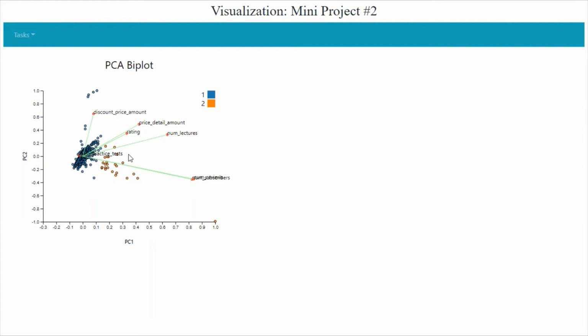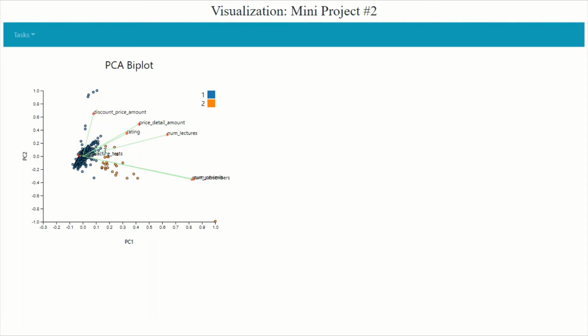Also the angle between the dimensions shows how they are correlated. Between these two there's a very small angle, so they are positively correlated. There's a 90-degree angle between discount price amount and number of subscribers, which shows that they are not correlated.